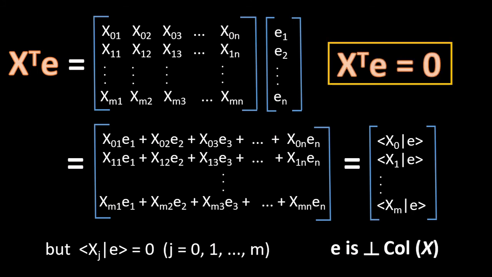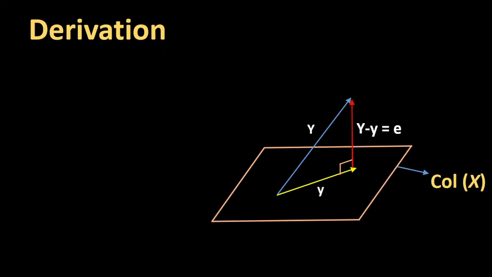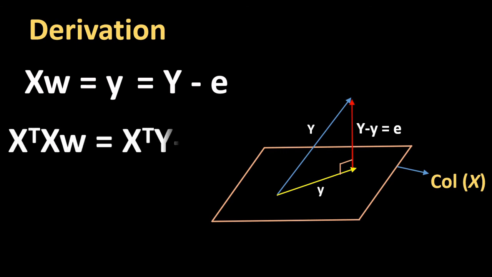Now we will use this to derive the well-known formula for the optimal value of W. For that, let us consider Xw equals small y. We can also rewrite this equation as Xw equals capital Y minus e. I have just substituted the value of small y as capital Y minus e. Now just pre-multiply the above equation with X transpose. Therefore, we get X transpose Xw equals X transpose capital Y minus X transpose e.